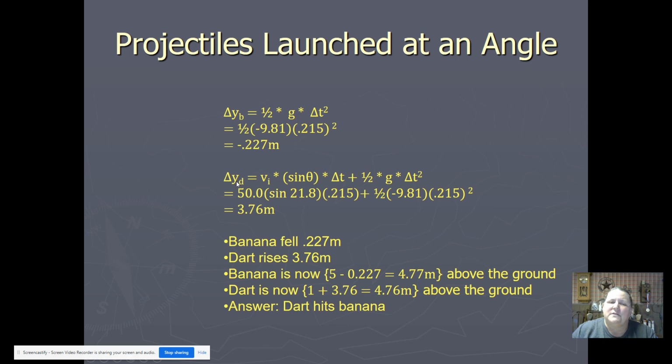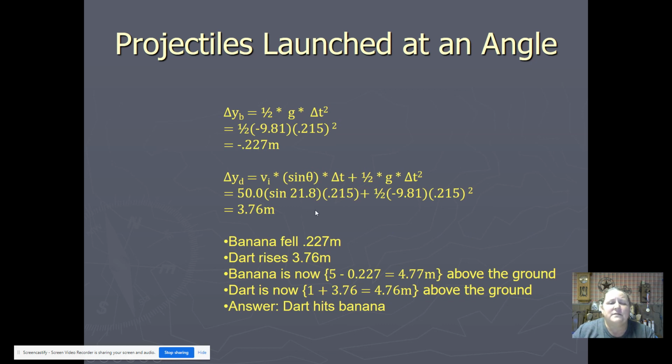For the dart, the y component is the initial velocity times sine theta times delta time plus 1/2 g times time squared. You know all this. We just calculated it. We calculated where the banana was at a certain time. Okay, it had dropped 0.227.